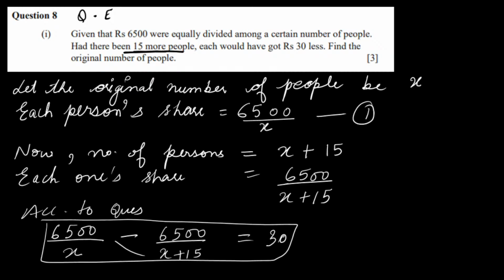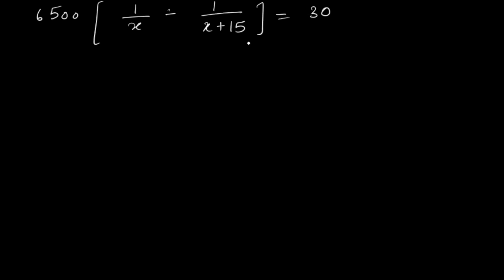So you can take the LCM. First of all, we can take 6,500 common. So this will become 6,500 into 1 by x minus 1 by x plus 15, equal to 30.